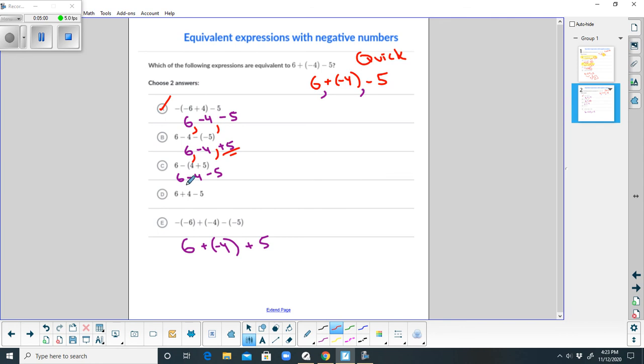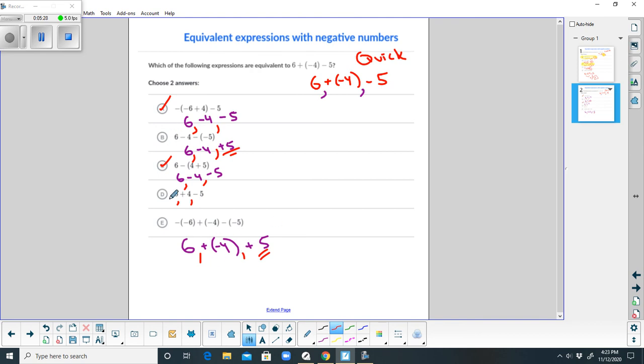This is positive 6 and negative 4 and negative 5. That matches. This one is positive 6 and positive 4. Wait a minute, we want negative 4, so that's out. And the last one is positive 6, okay, and negative 4, okay, and positive 5, but we want negative 5, so this one is out.